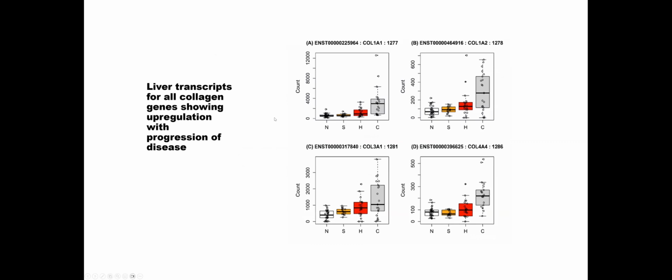And somebody asked me the question about liver transcripts. How are these correlated with transcripts? If you look at liver transcripts, you can see clearly, for example, the genes which are involved in formation of fibrotic tissue going up between normal to steatosis to steatohepatitis to carcinoma. You can see a significant progression in the collagens, which are representative of more fibrous tissue.